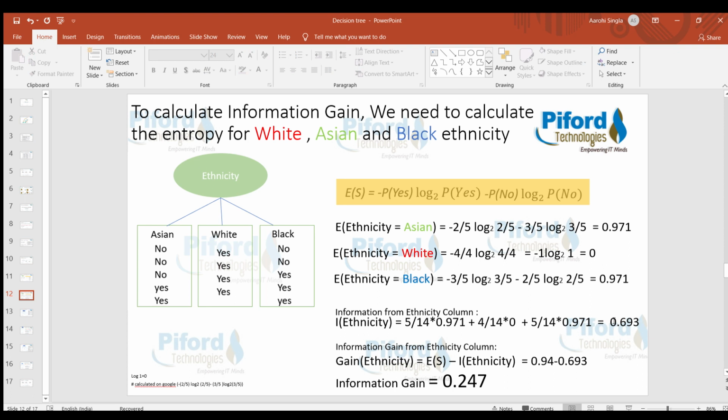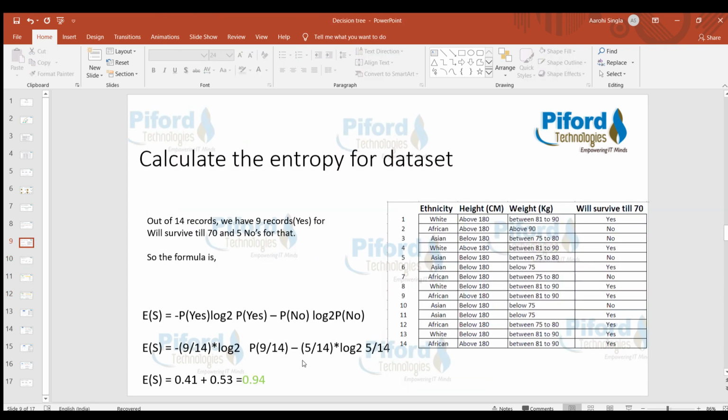Now using this information, we can calculate information gain. Now how to calculate information gain? This is the formula for calculating information gain. If you remember, in the starting, we calculated the entropy for the dependent column, right? So E of S, entropy for the dependent column. Let me show you that again.